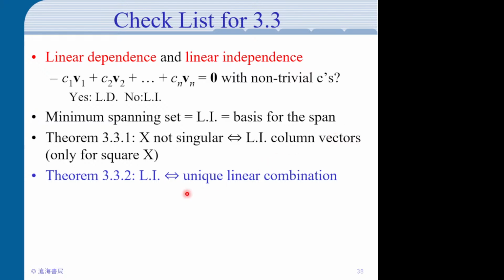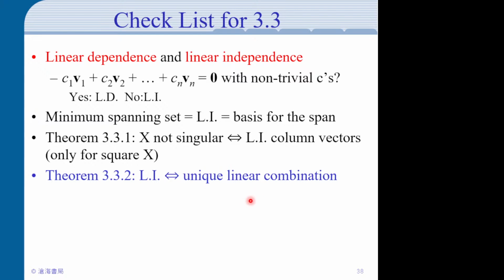And also we have this very interesting statement, basically a generalization of this fact. Linear independence means that when a linear combination of vectors equals something, there is always a unique solution.